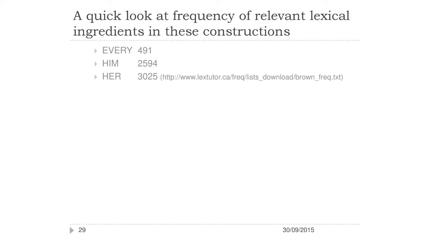Kids are amazingly good at construal. So here lies the mystery. Pronouns and reflexives are everyday facts of life. In fact, these are the frequencies in the Brown corpus. "Every" is very rare. I'm not even thinking of "every" in the right construction, just "every" is rare. And pronouns and reflexives are in the thousands, right?